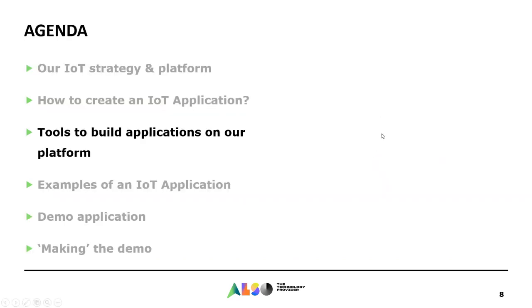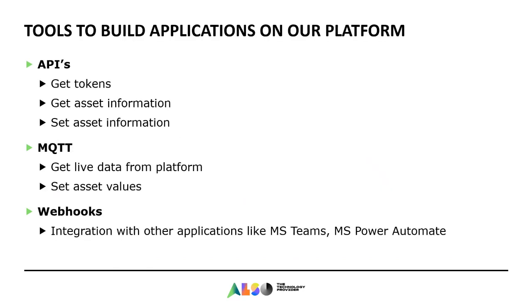So, what tools can you use to build your application with our platform? We have a couple of tools. We have APIs, we have MQTT, and we have webhooks. APIs is to get the tokens, to get asset information.